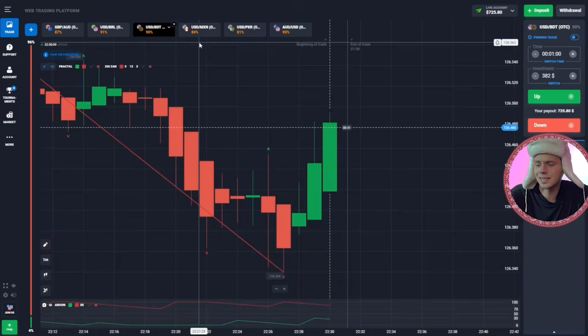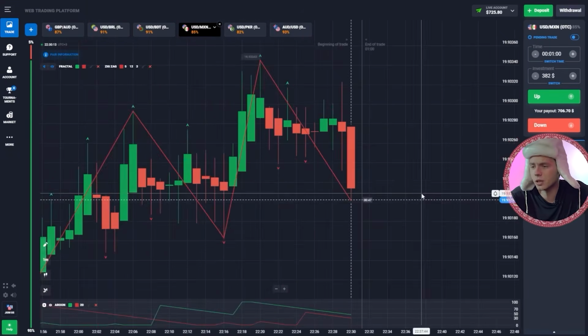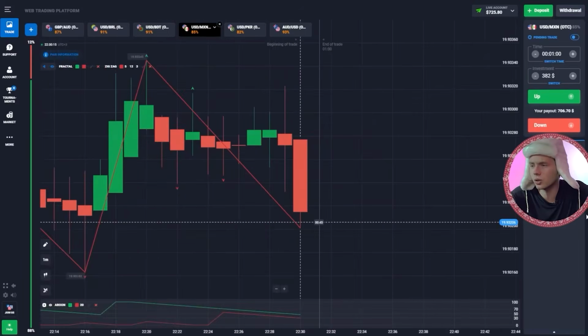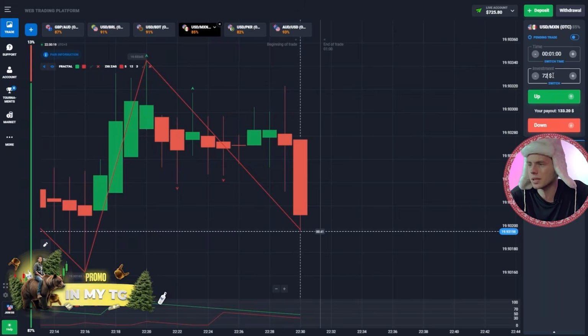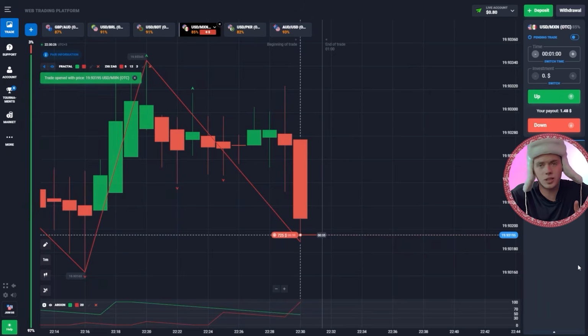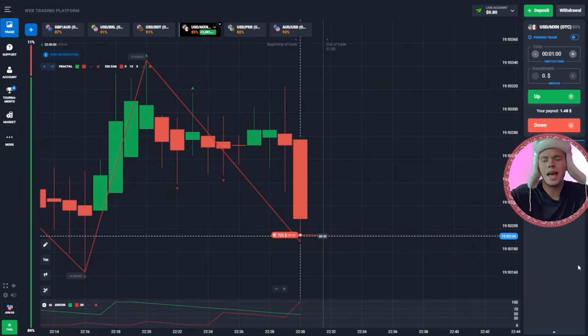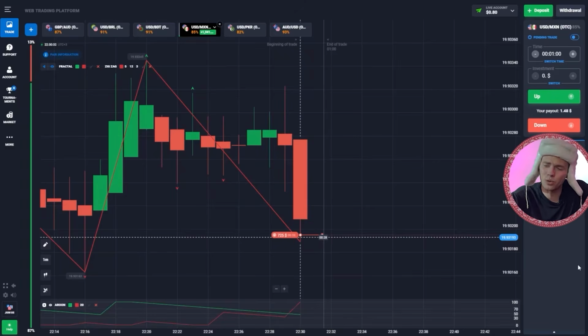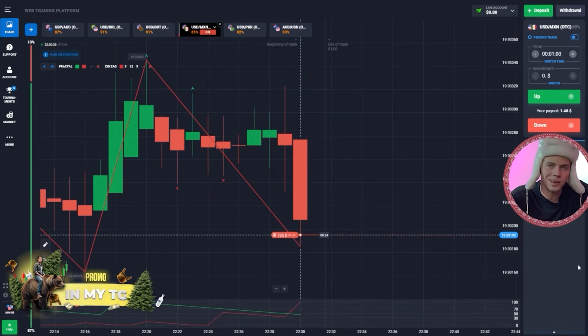Alright guys, here is another trading pair. Let's take a look at what's happening over here right now. Let's set up the amount first. 725. Right now I'm opening a sell trade over here, guys. If you take a look at the Aroon, I like Aroon because it gives us, of course not 100%.